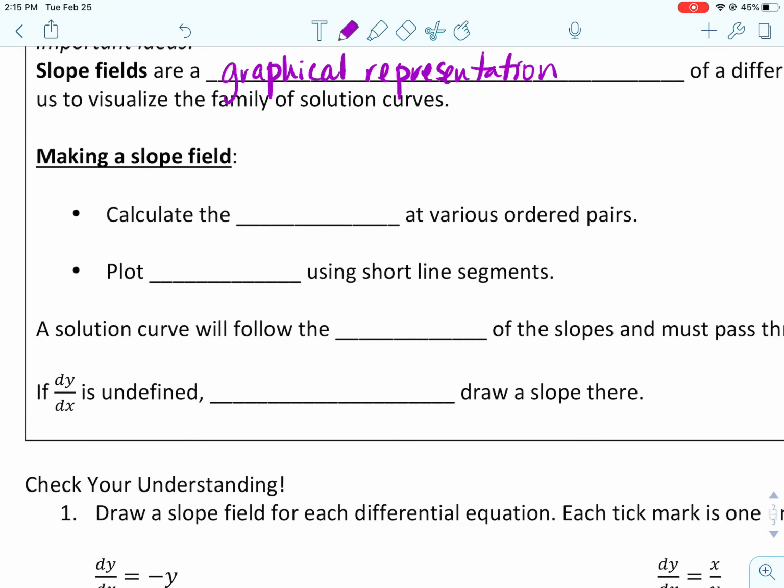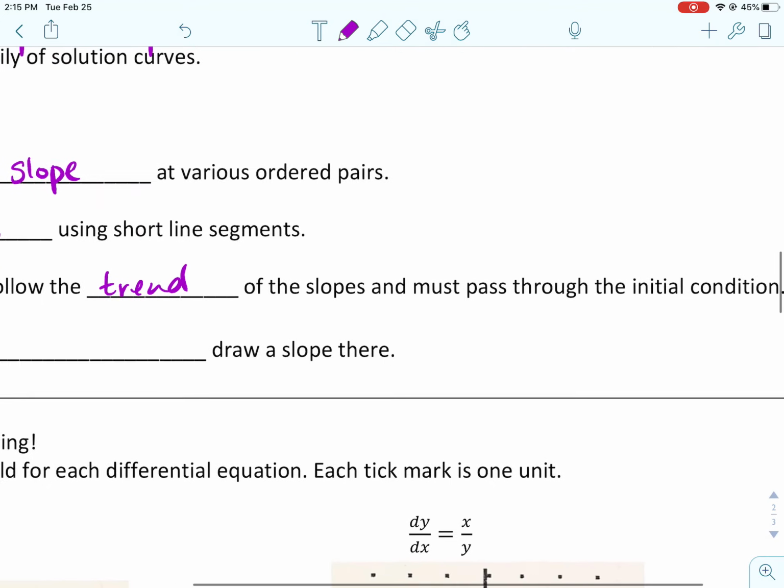All right, and then we just did this. When we're making a slope field, we're going to calculate the slope at various ordered pairs. Then we're going to plot the slopes using short line segments, so little bitty line segments. And then a solution curve will follow the trend of the slopes.